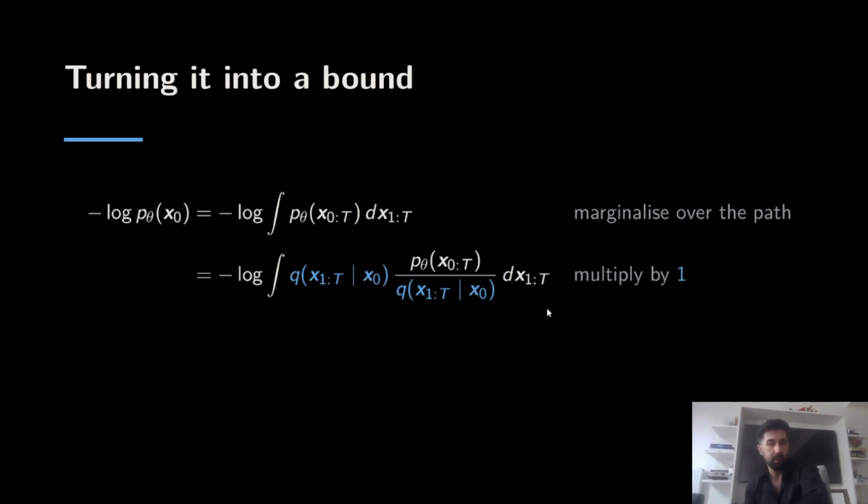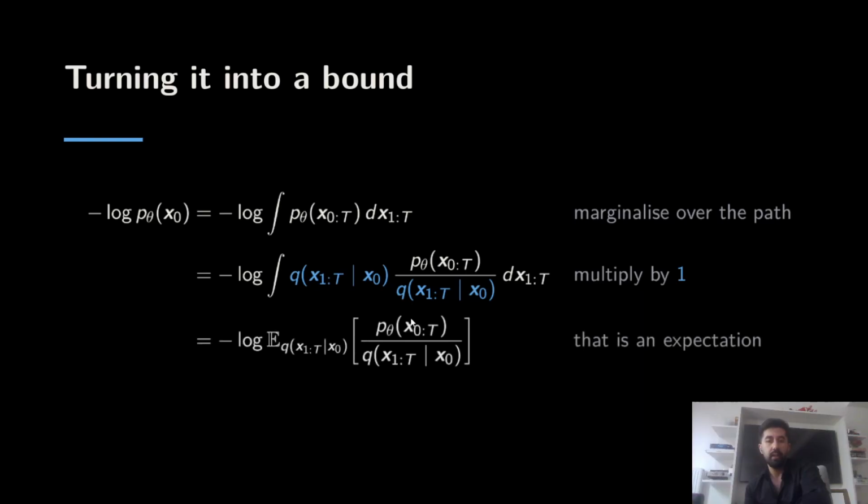This basically becomes the expectation, because when you're doing an integral or summation over a probability multiplied by something, it becomes the expectation under this probability. And because here we're multiplying by q of xt knowing x0, it becomes the expectation under the forward process.